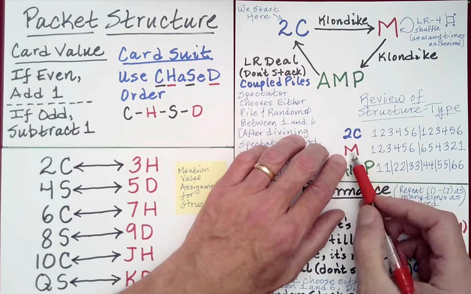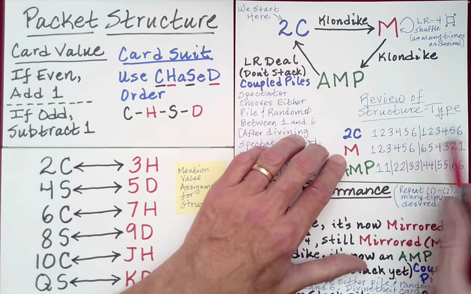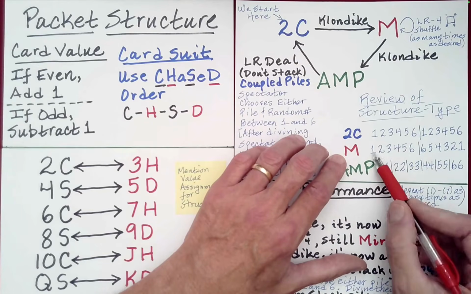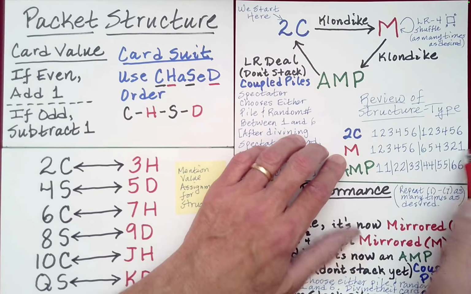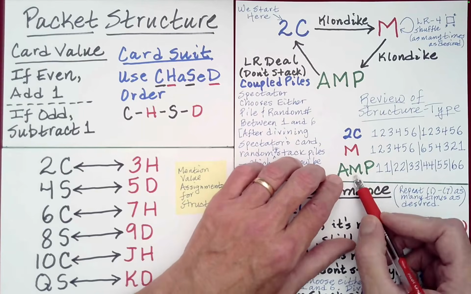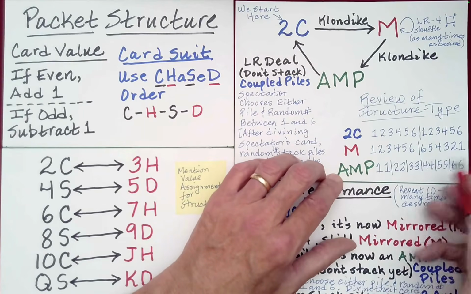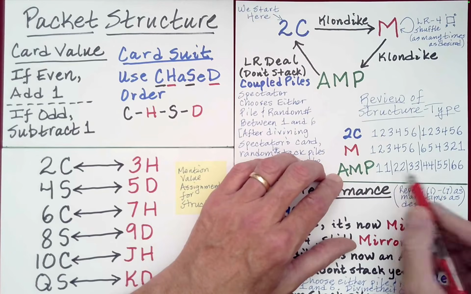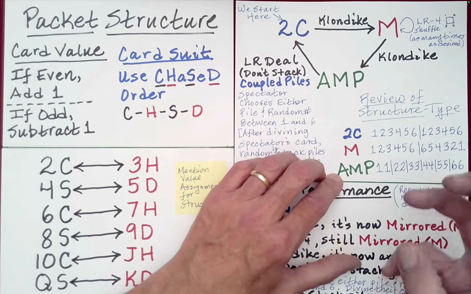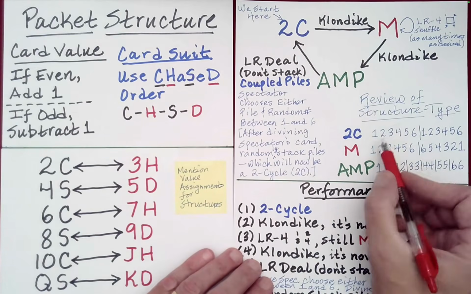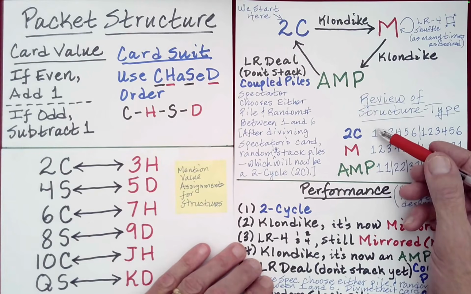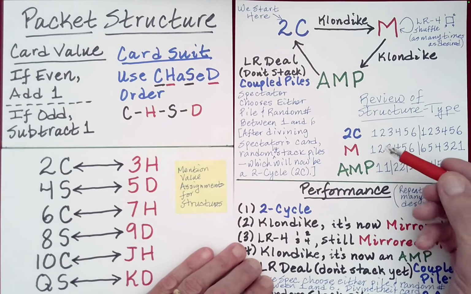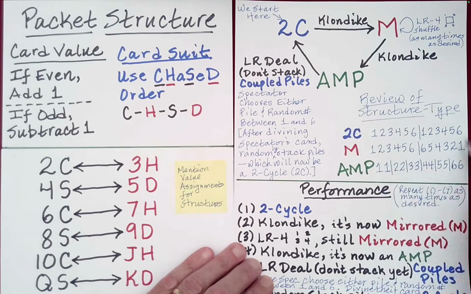Now, a mirrored structure is where you have a reflection going on. So you have 1 through 6 and then 6 through 1. And then an AMP, adjacent mirrored pairs, is where the 1s are next to each other, the 2s are right next to each other, and so forth. So they're paired together. Now, I've just put in generic, simplified symbols for representing these structures.